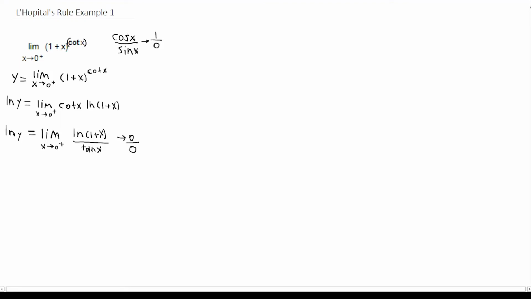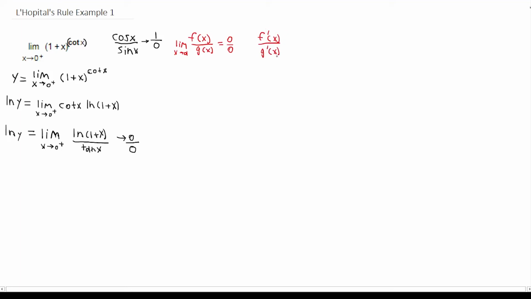Essentially, if you have an expression f of x over g of x, and the limit as x approaches a goes to an indeterminate form, such as 0 over 0, we can evaluate the limit by taking the derivative of the top, f prime of x, over the derivative of the bottom, g prime of x.